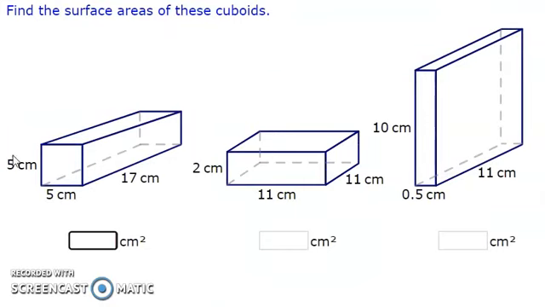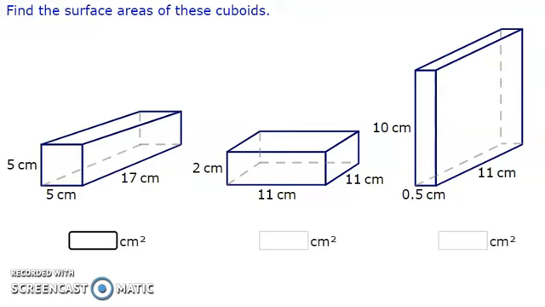Now you have to use this formula and find the areas of these. So for example, I will try and find the area of the middle one. Length and breadth both are same here, and only height is 2 centimeter, with 11 and 11.